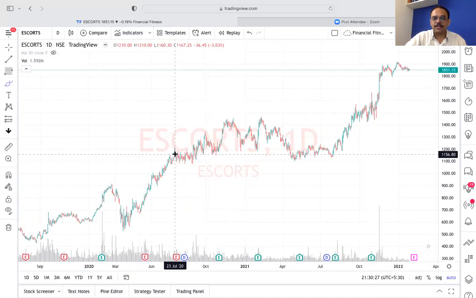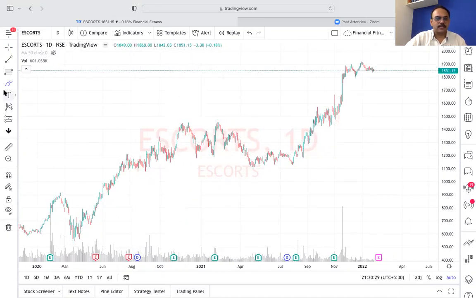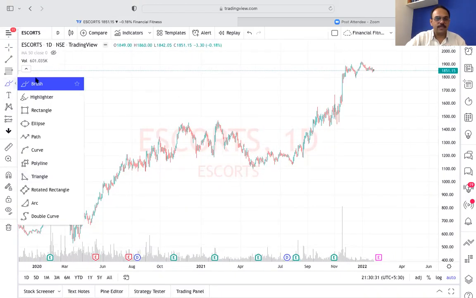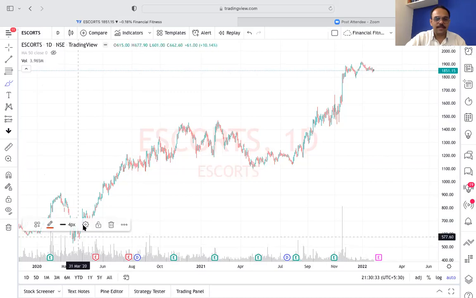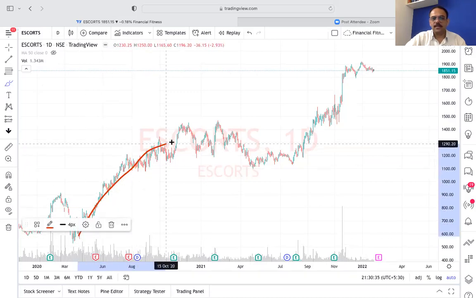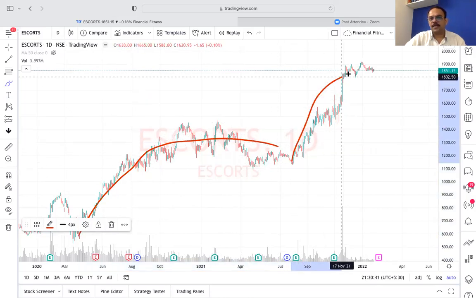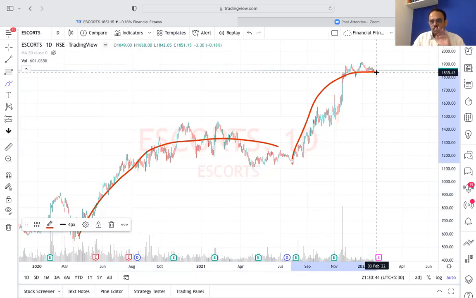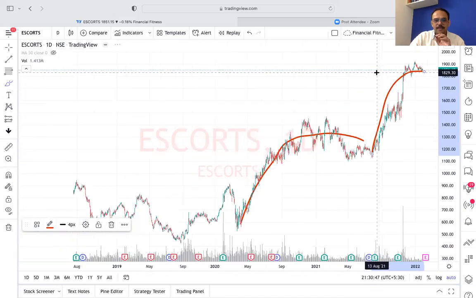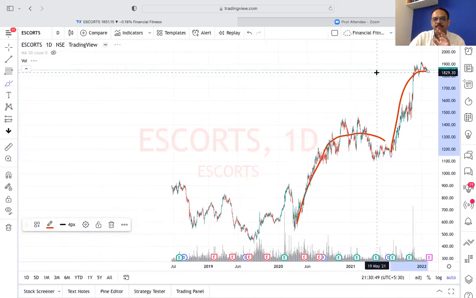Okay, so let's see. The price, if you see, the price went up, the curve was flat, again it went up, it became flat. So if you see, there is a behavioral pattern of this price.